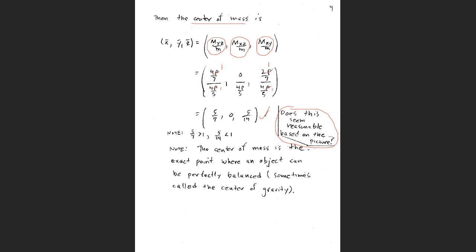I note that 5/7 is greater than 1. Okay, so X bar is greater than 1, and Z bar is less than 1. Oh, hold on. I got a typo here. That's not what I want. Thank you, Ian.